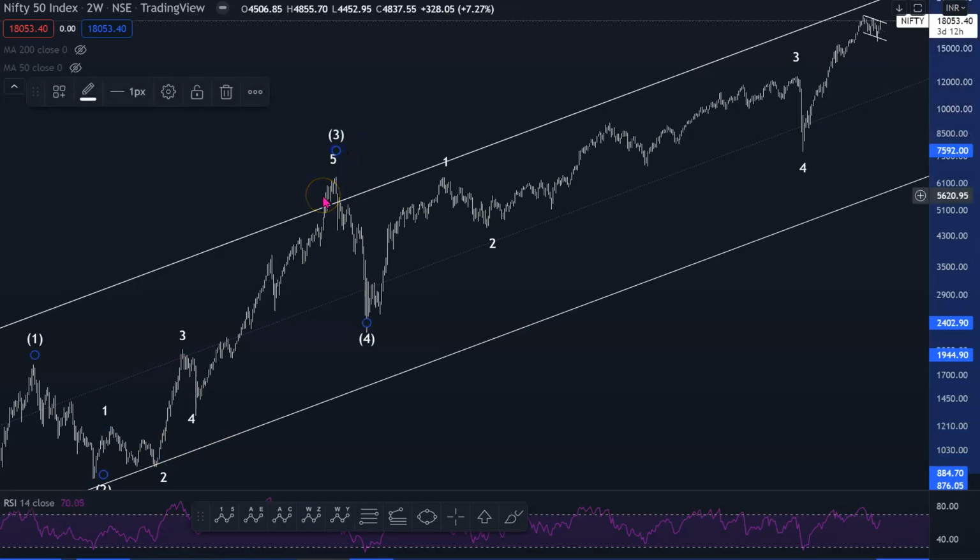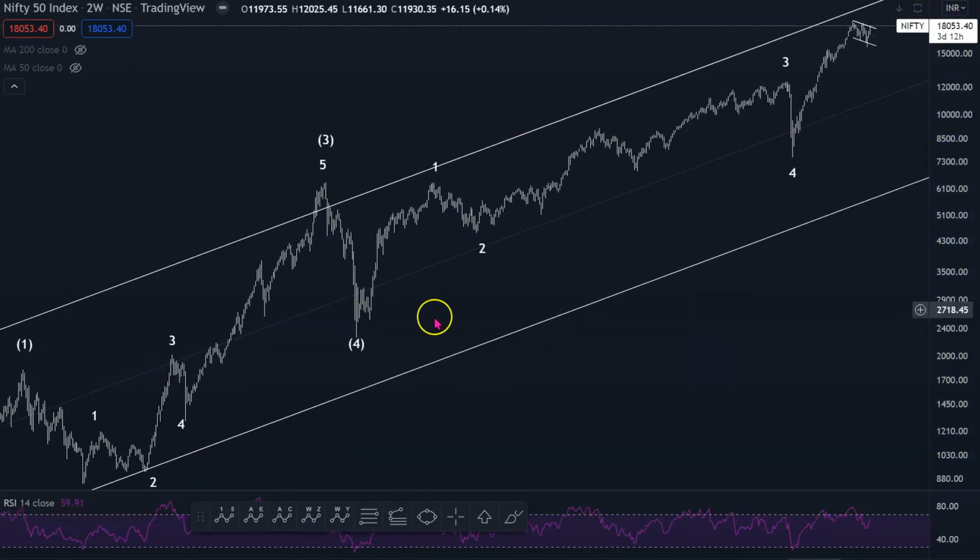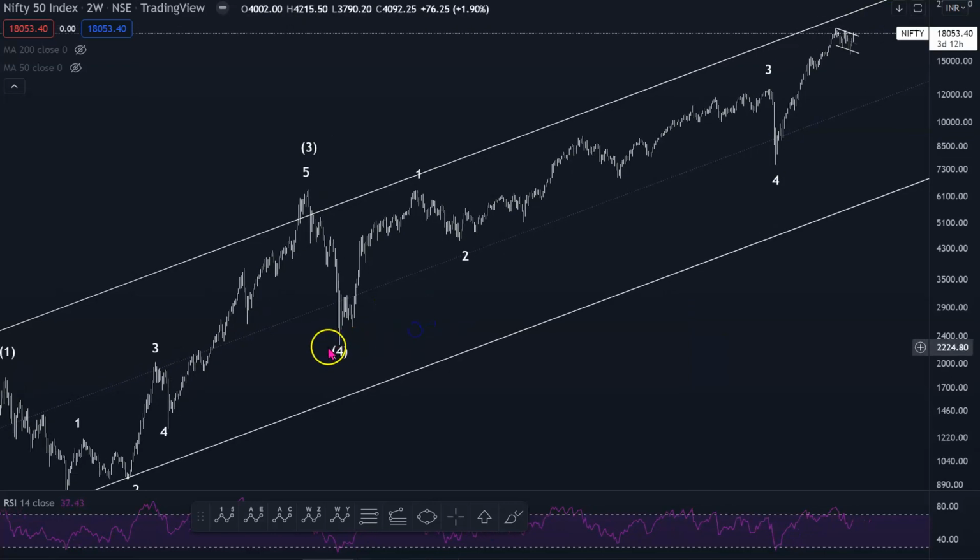That's why I like motive wave, because in motive wave all the stuff gets locked in and doesn't move. TradingView is not the best for Elliott wave analysis. It's a lot slower, and you can do multiple counts, and you've got to save it, but it's fine. So fourth wave, and then back in here, let's see.